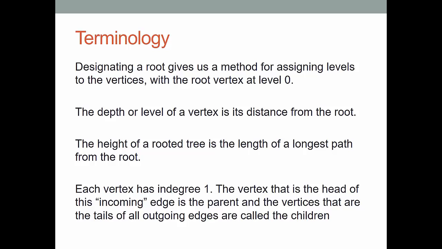Since each vertex has in degree 1, we say that the vertex from which that in degree is coming is the parent of that vertex. All the other edges are out degrees, so all of its out neighbors are its children.